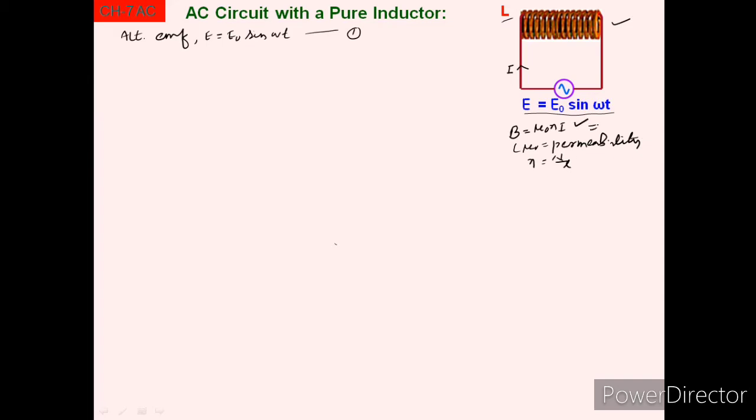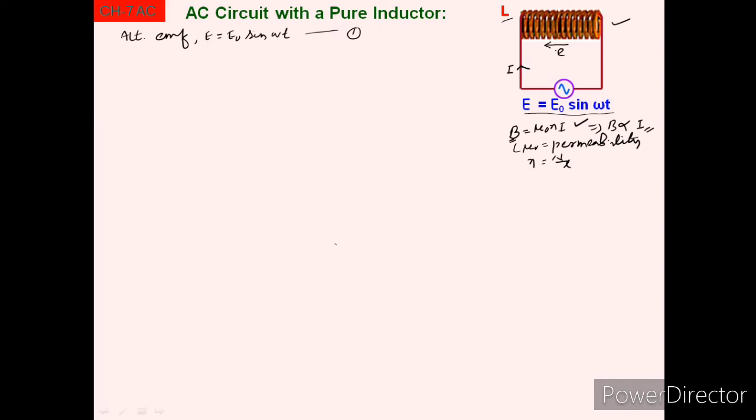From this relation we can say that the magnetic field is directly proportional to I. It means if the current changes, then the magnetic field will change. So when current flows through this inductor, due to the changing current, the magnetic field linked with this inductor will change. Then according to Lenz's law, some EMF will be developed which will try to oppose this change, and that is known as back EMF, back electromotive force.